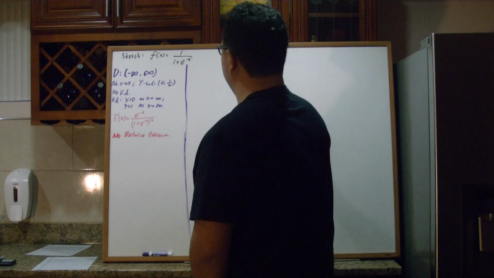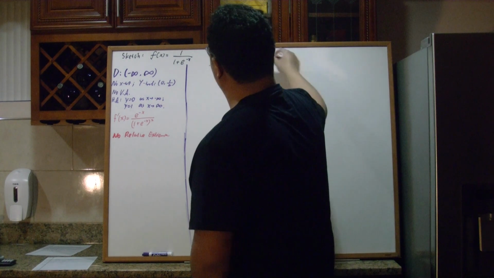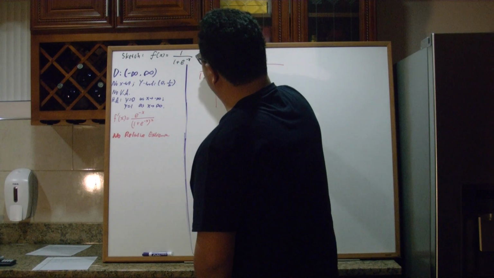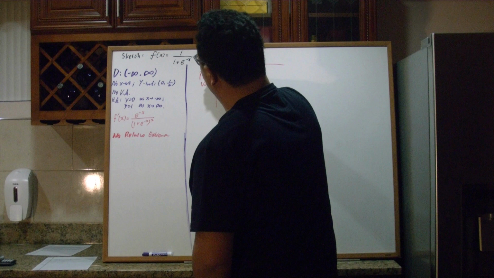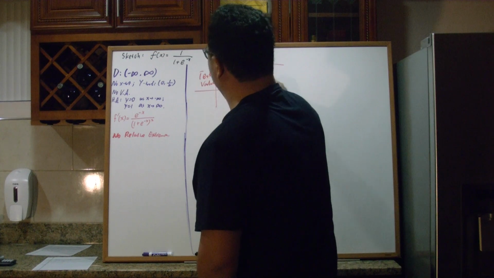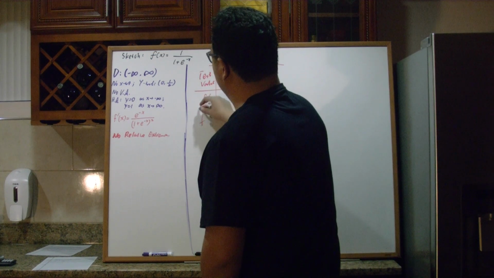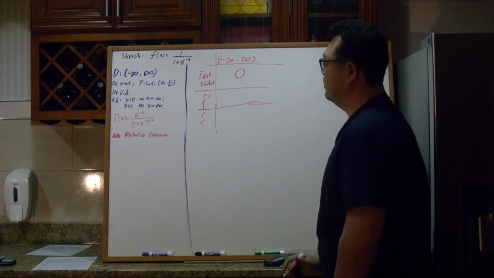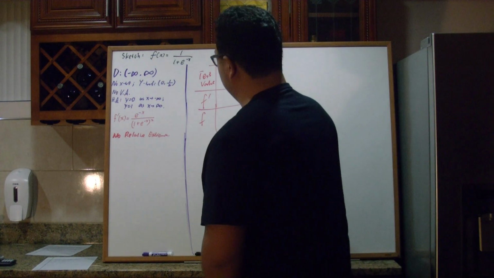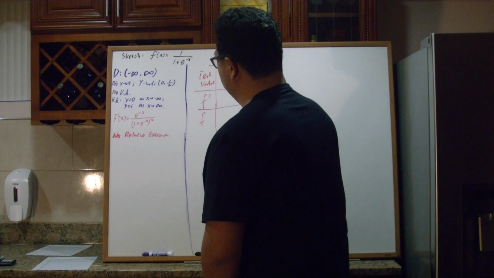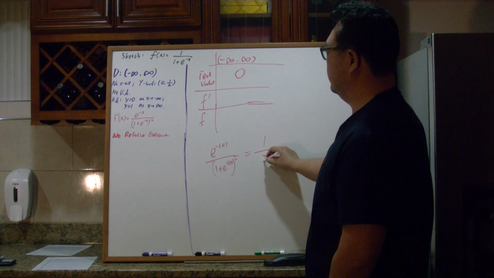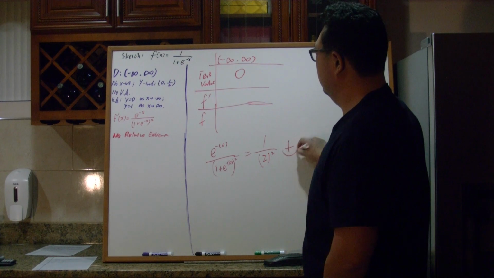Which means the sign is unique. When we make the table from negative infinity to infinity of the interval, we could put a test value at any value, maybe 0. Then for f prime and the original function, we could see. Or we don't even have to do that. But let's see. If we put 0, that's e to the 0 over 1 plus e to the 0 squared, which numerator we get 1, denominator is 2 squared. Positive.